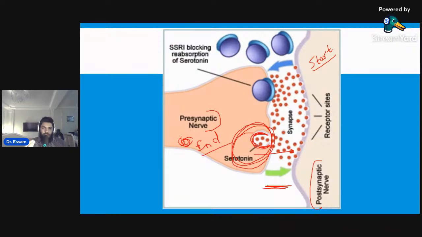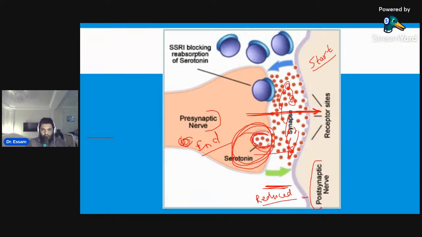Okay. So serotonin is going from this neuron to this neuron. And in patients who have depression, the serotonin amount in this area will be reduced. So what do we want to do in such patients?